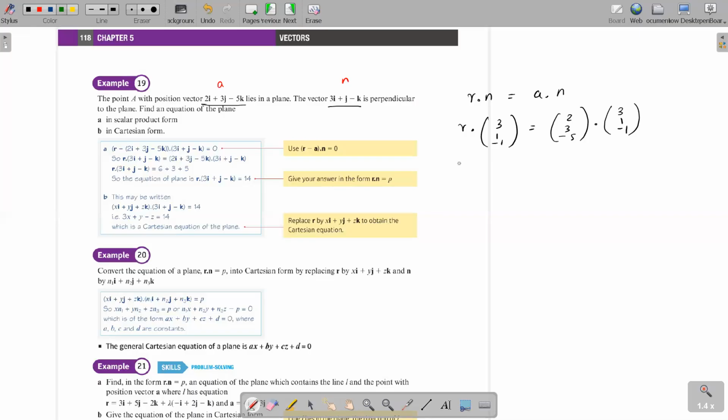So r dot 3i plus j minus k equals, you get here 3 times 2, 6; 3 times 1, 3; and minus 5 into minus 1 is plus 5. So this is 6, 7, 8, 9, 14, right? r dot 3i plus j minus k is 14.